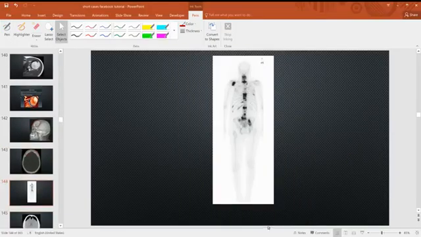Okay, this is another patient. Take 10 to 20 seconds to see the case and write your answer.